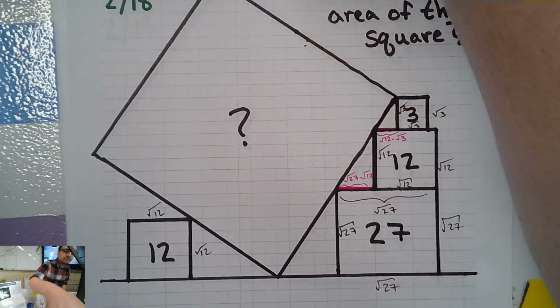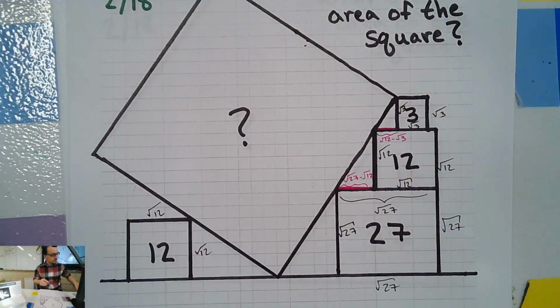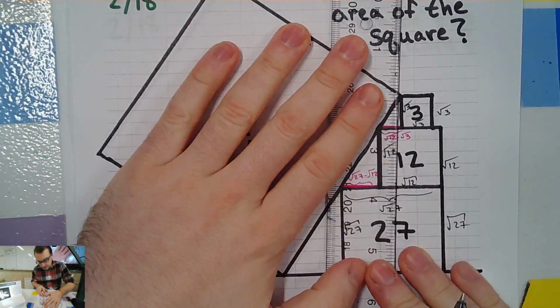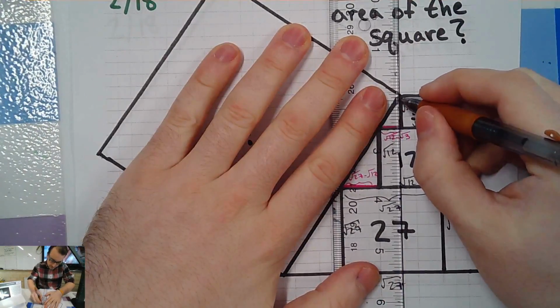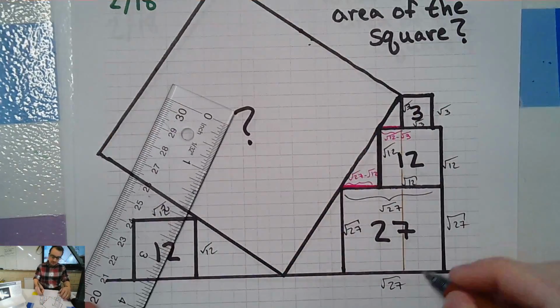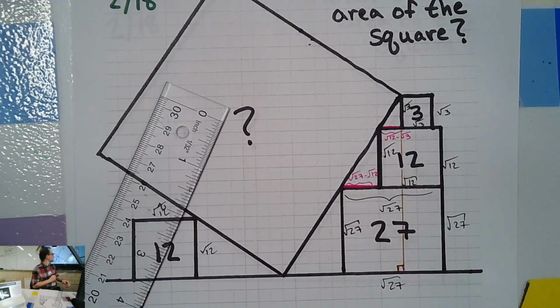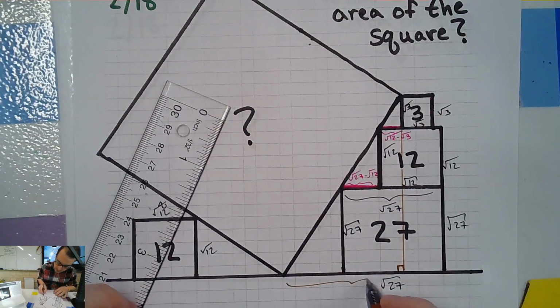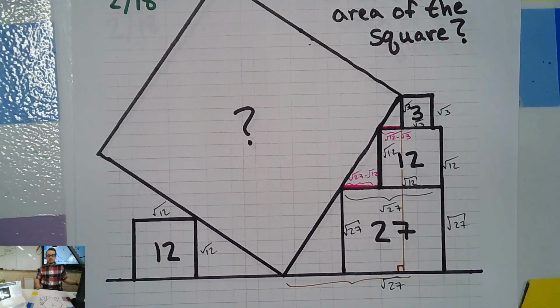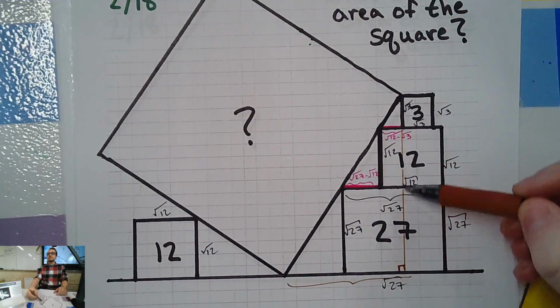What about this? Isn't this a right triangle? With this base. What's the height of this right triangle?